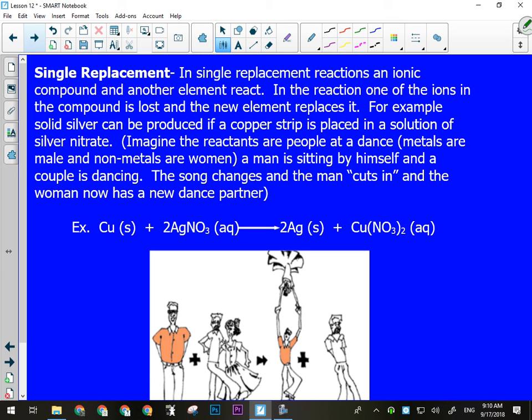So it's going to replace the metal, which in this case is silver. That means that silver will end up by itself and copper will end up in solution with nitrate. So there is a replacement that happens here. If this was a non-metal, then it would have replaced the non-metal in the compound. Everybody follow me there? Okay.